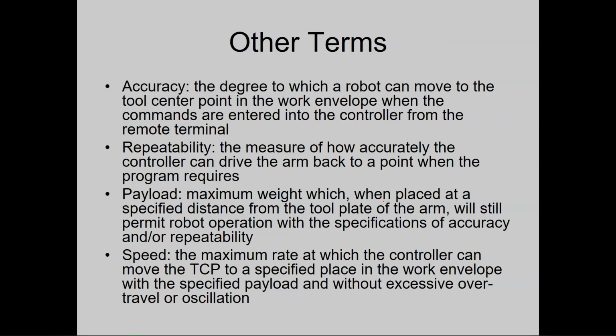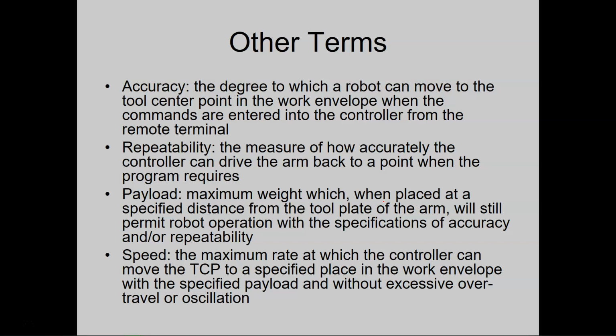So some other terms, we have accuracy. This is the degree to which the robot can move the tool center point in the work envelope when the remote commands are entered from the terminal. So this is all about how well it can move that tool center point to a point.